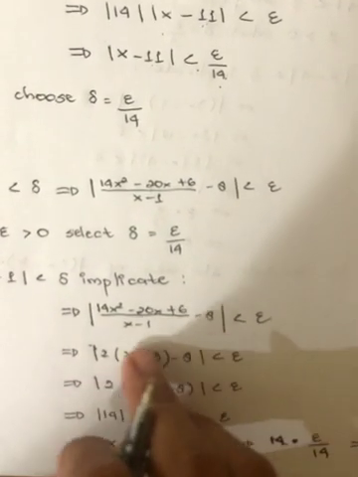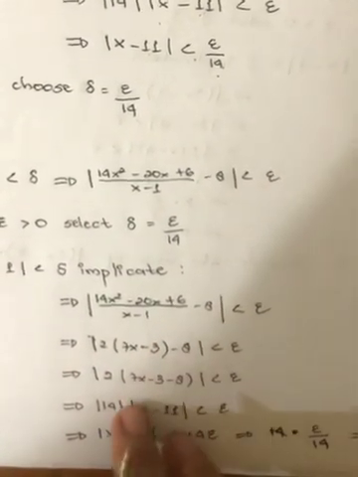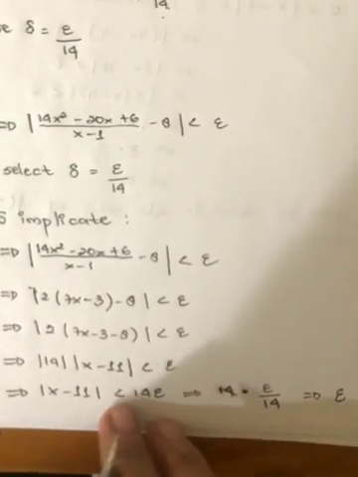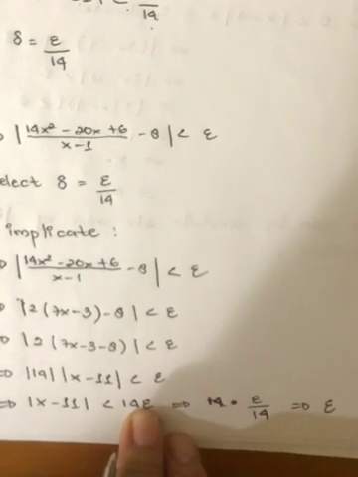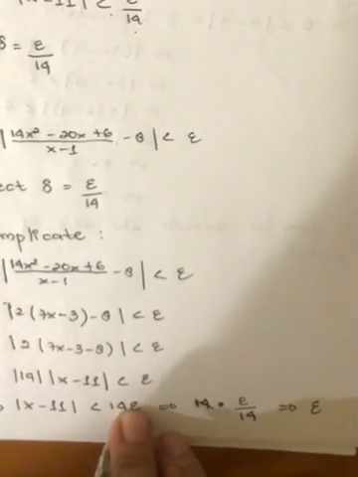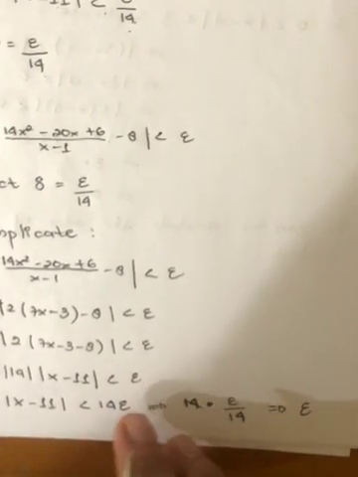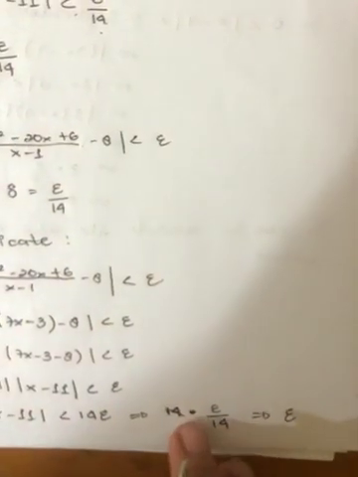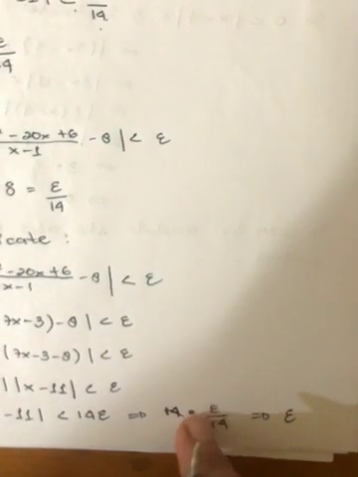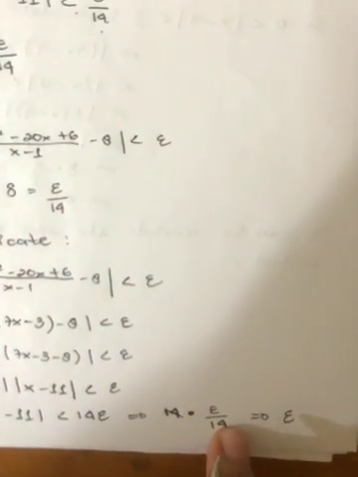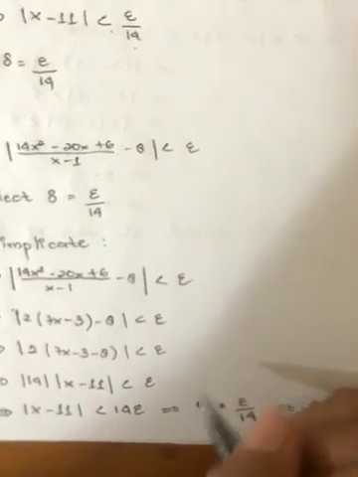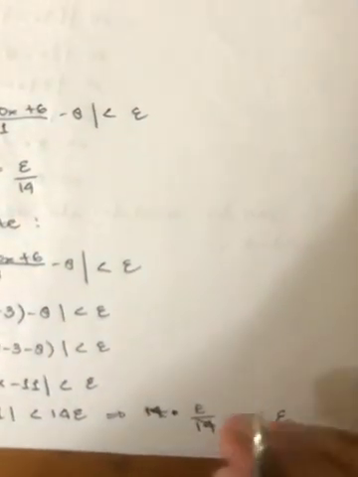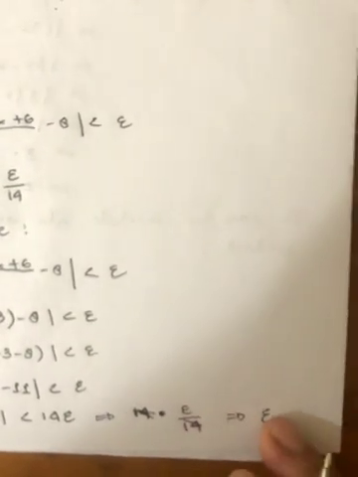We factorize, and since we know delta is epsilon per 14, we replace it: 14 times epsilon per 14, and the value is epsilon.